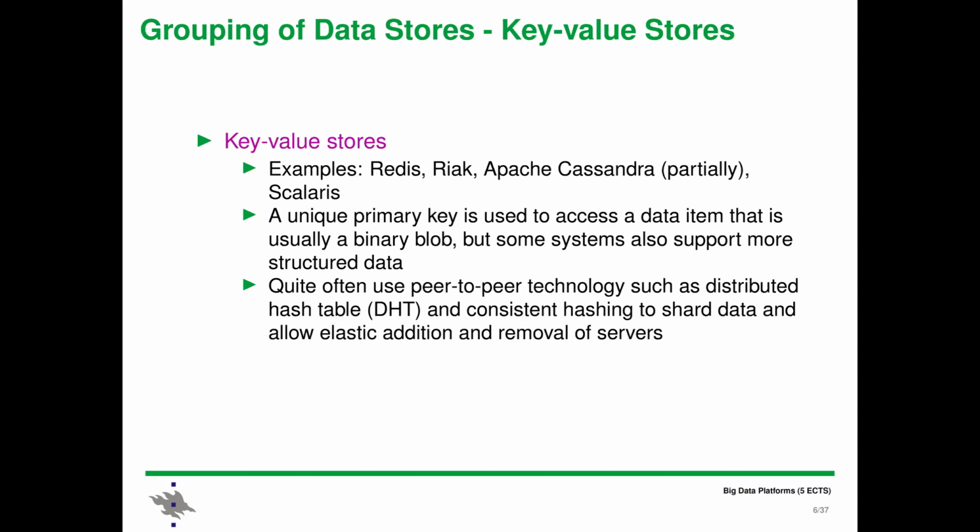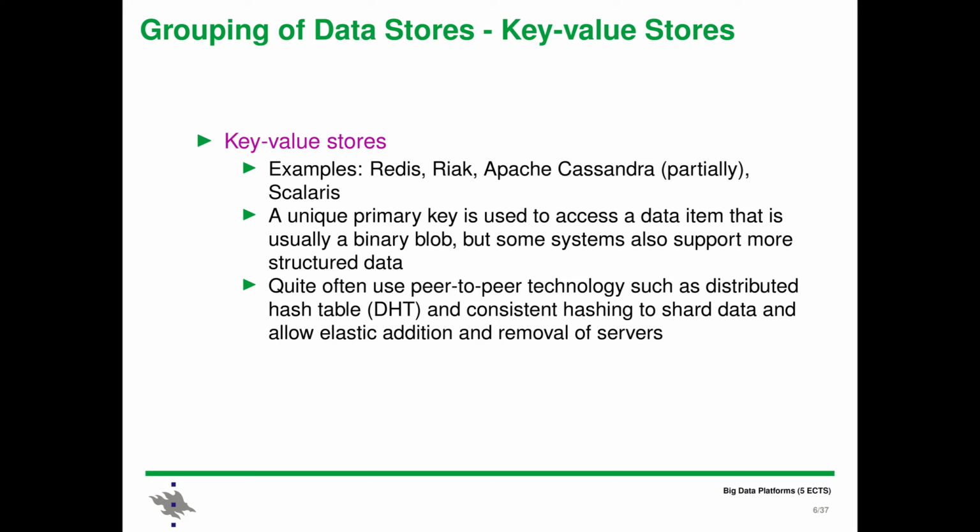So here are the other groupings. One of the ones that was there in the very beginning are key value stores. On a high level, you can think of these as glorified hash tables, glorified distributed hash tables.